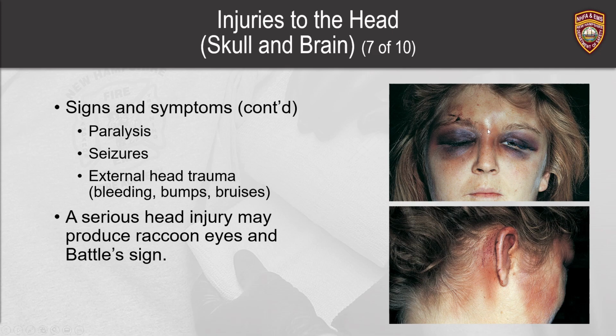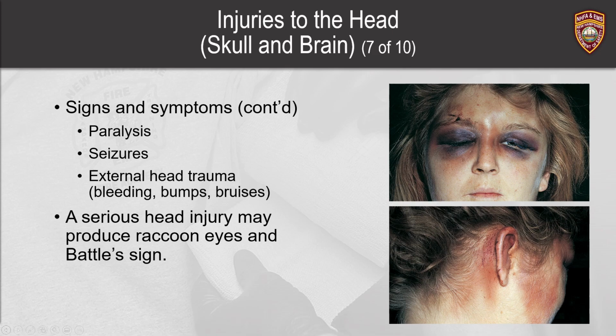The first one is what we call raccoon eyes, pretty intuitively named, right? And this is a sign of a skull fracture on the inside of your skull that's allowing blood to seep out into the tissues. And then the second one is called Battle's sign, not the sign that you were in battle, but Dr. Battle named it, and so it's Battle's sign. And this is bruising behind the ear. Both of these are late signs.